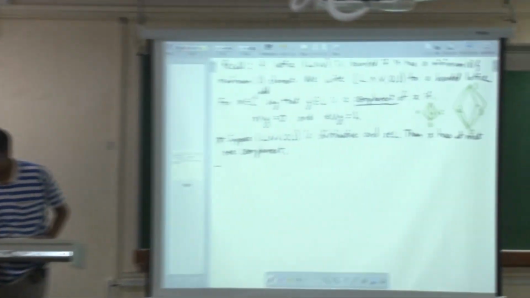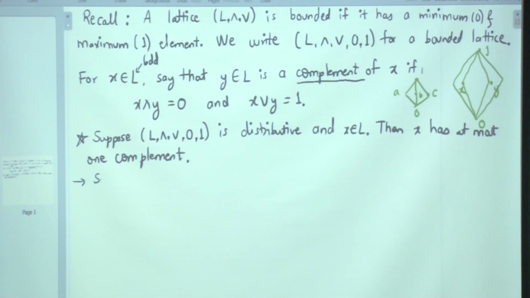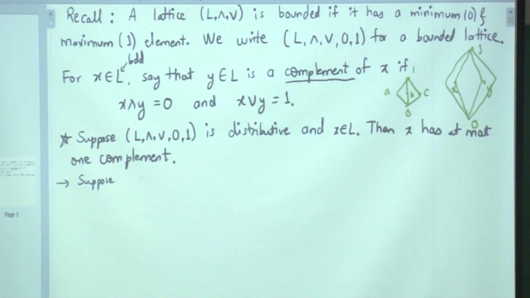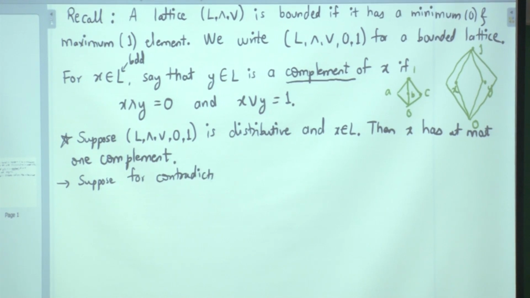For a proof, what should we start with? Suppose y and z are two complements for x.